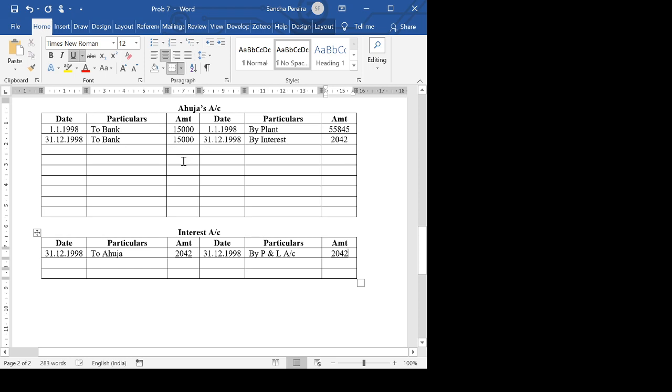The total here is 57,887. Here also we have 57,887. So on 31st December 1998, you have balance carried down. How much is the balancing figure? You'll have it as 27,887.